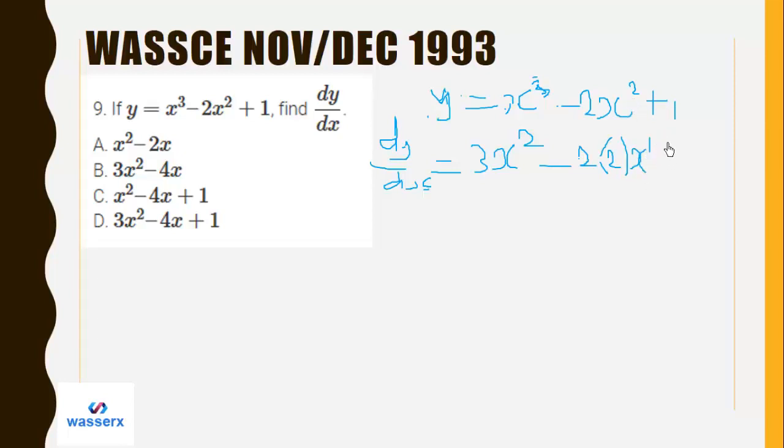Then this is a constant, so if we differentiate a constant, we get 0. So we simplify this to obtain 3x squared minus 4x. So the correct answer is B.